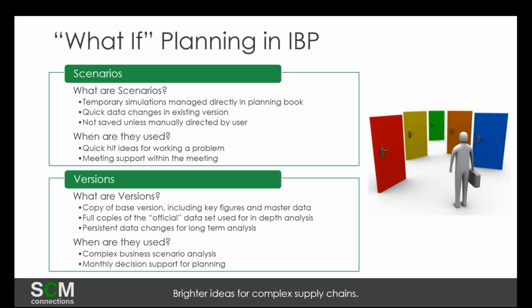Something in that regard. So it contains a lot more data and persistent data changes for those long-term analytics. So you can see IBP has the power to do those quick what-ifs, but also the power to do much larger, big strategic plans as well.